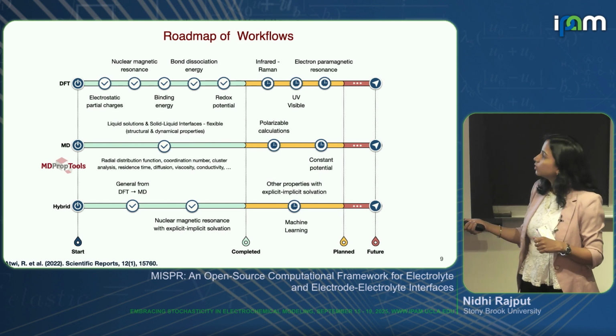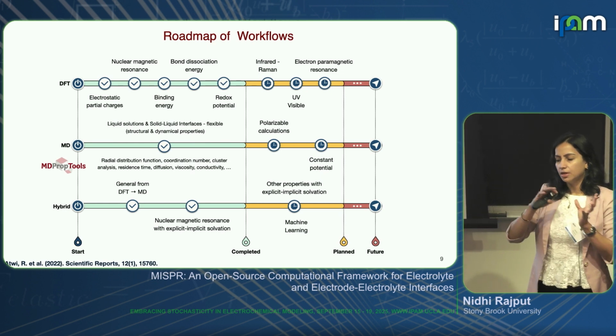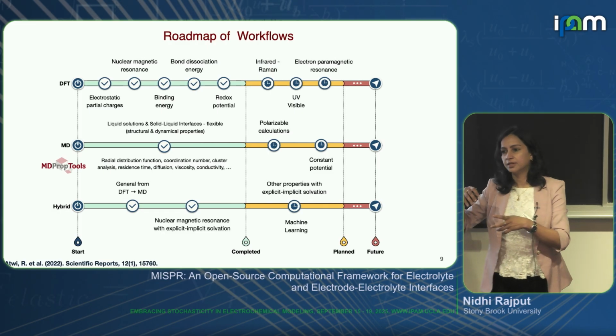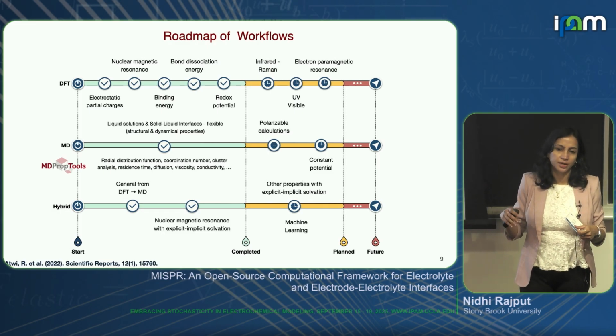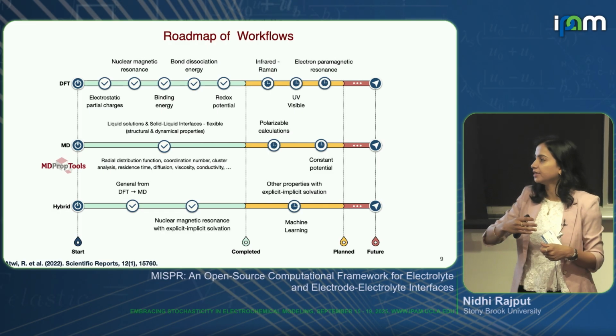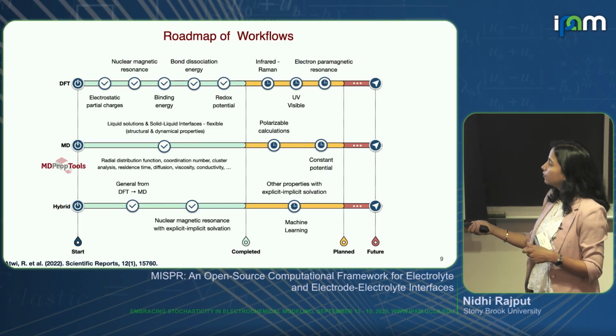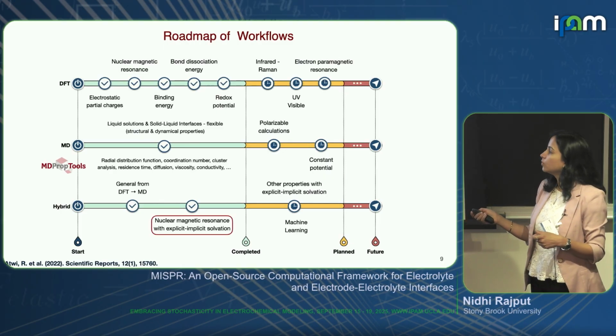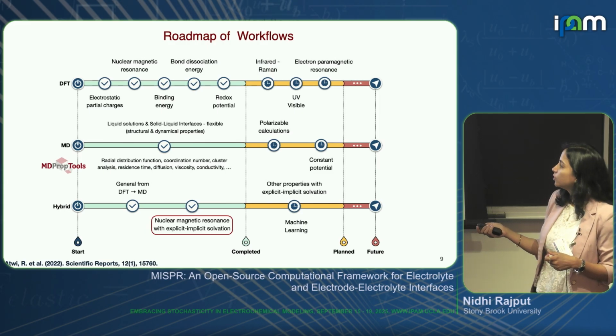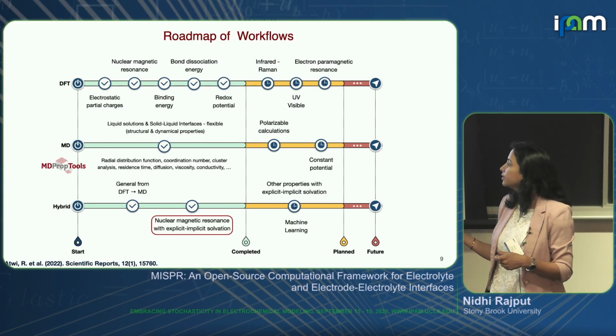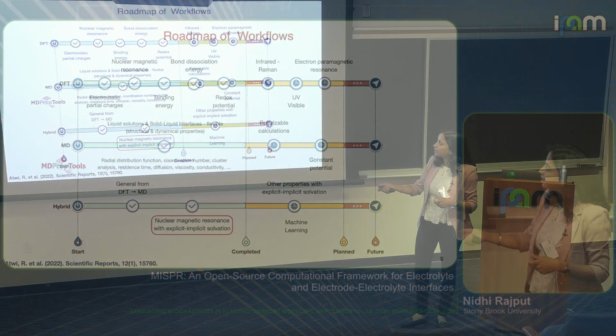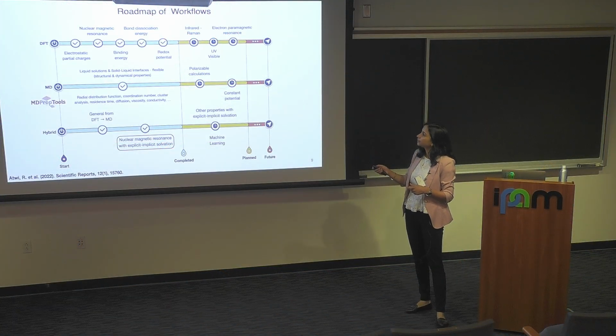Then we have the hybrid workflows, which start from DFT, do MD simulations, do molecular cluster extraction from MD simulations, and then go back to DFT. An example of a hybrid workflow is for calculation of nuclear magnetic resonance chemical shift using an explicit-implicit solvation model, and I'll talk about this particular hybrid workflow in detail.